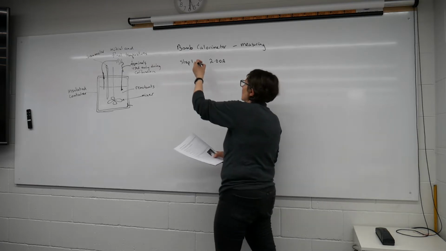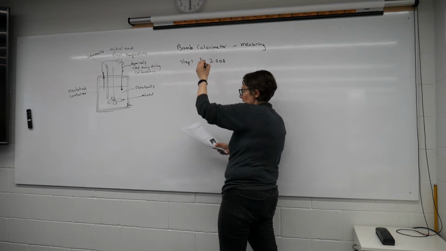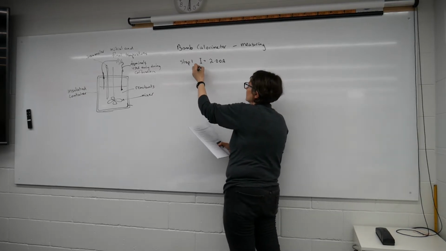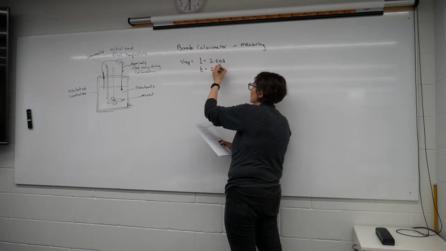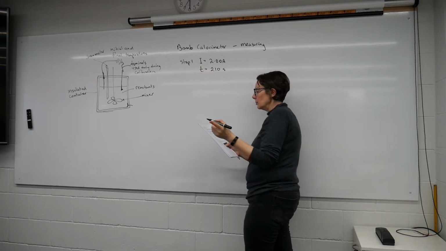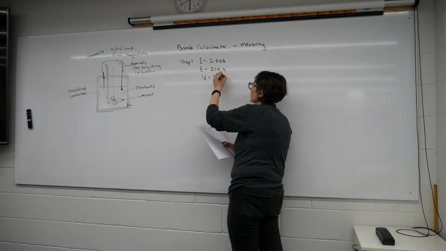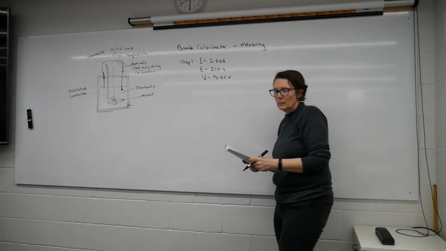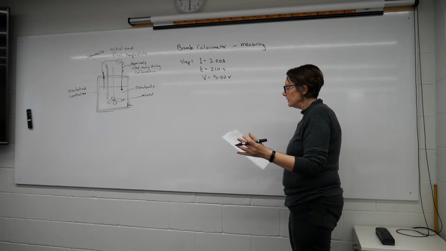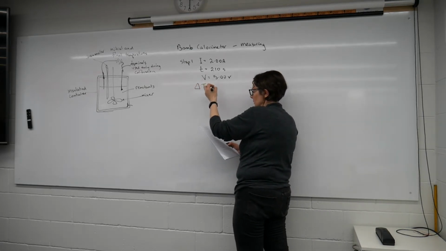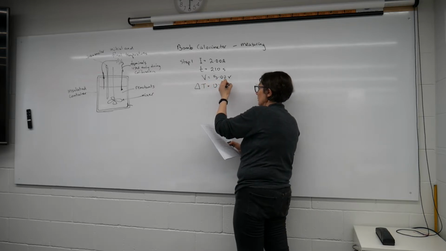I. And we have the time. It's on for 410 seconds, and the potential difference was 5 volts. The temperature rises by, so delta T is 0.820 degrees C.